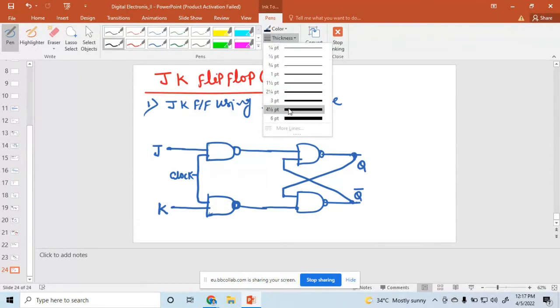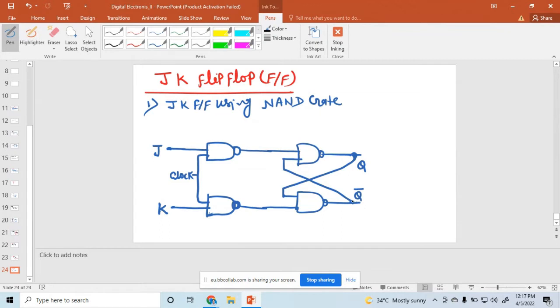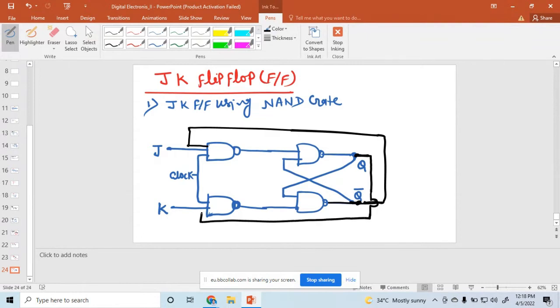So the next input is this one, this input, and here the next input. This one is this input.